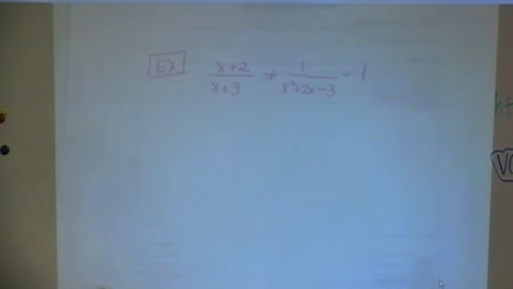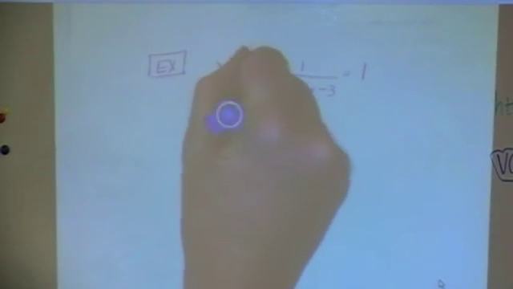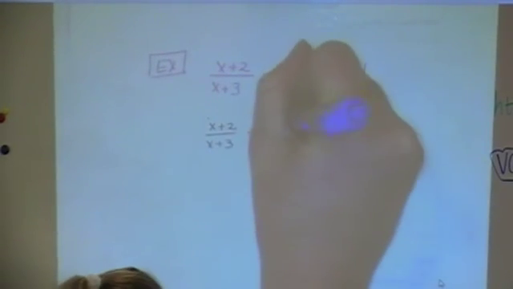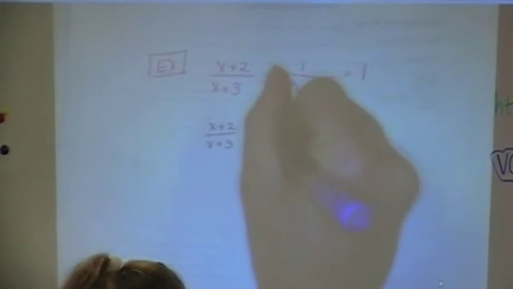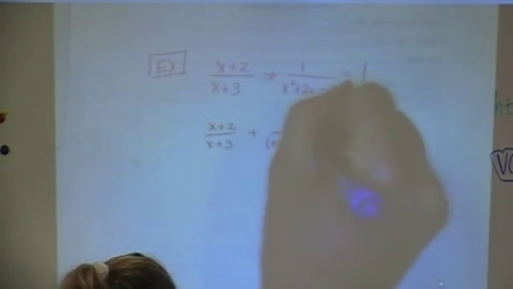In order to have a common denominator, I have to know what pieces are in my denominator, so I'm going to have to factor anything that is not already factored. My first fraction is already completely factored, and my second factors as x plus 3, x minus 1.